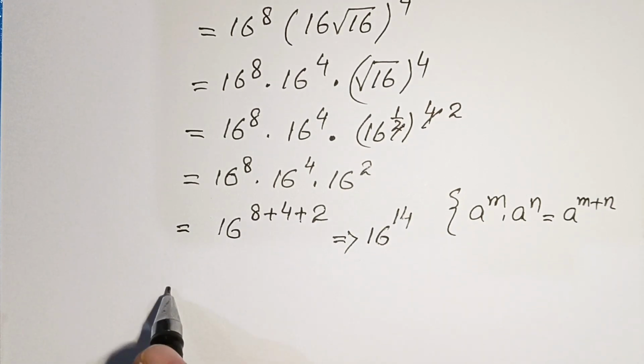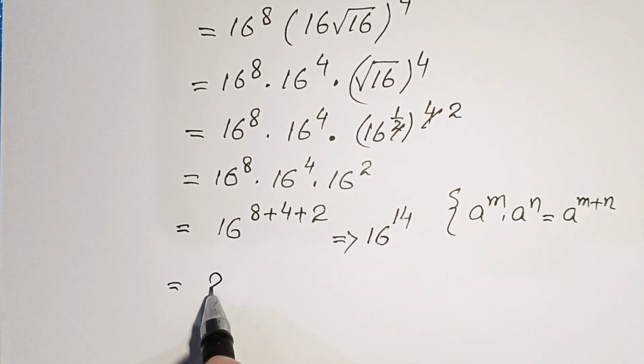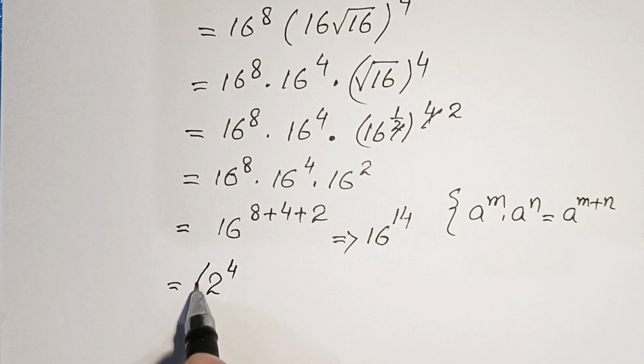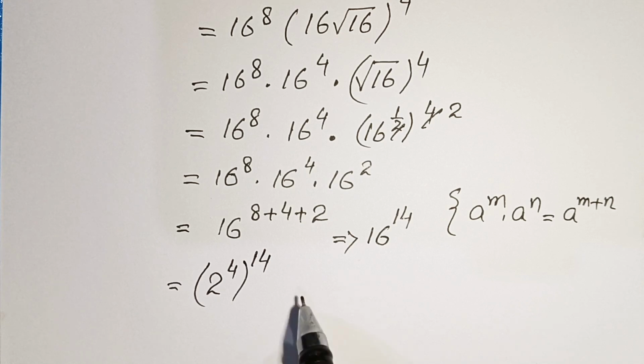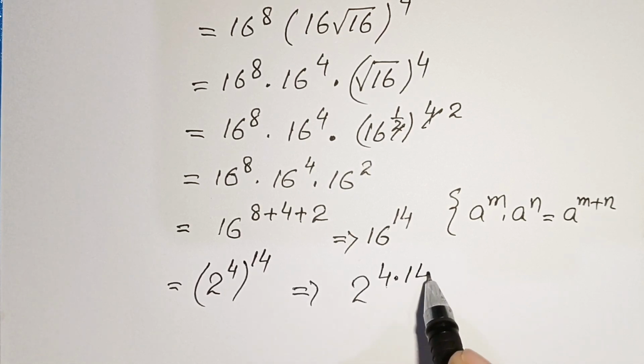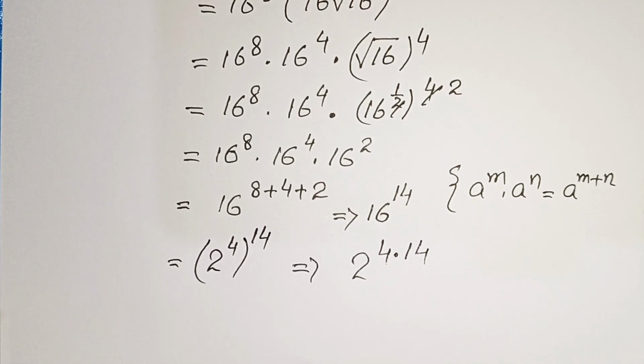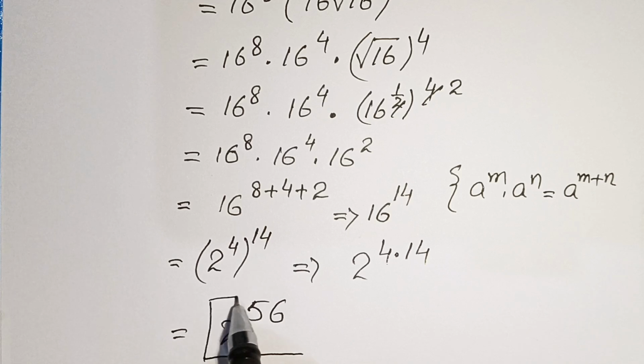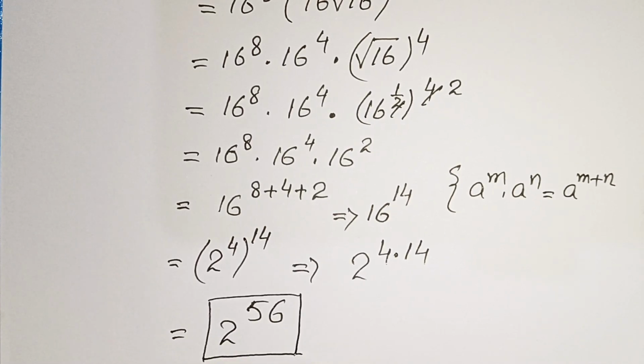So this 16 can also be written as 2 to the power 4, whole to the power 14, and here we have 2 to the power 4 times 14. So 4 times 14 is 56, so 2 to the power 56. So it is our final answer, and that is the simplified form of this problem.